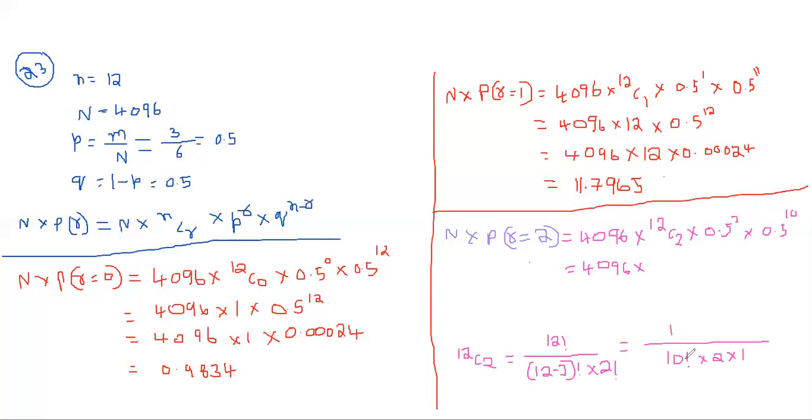So the highest value in the denominator is 10 factorial, so I expand 12 factorial up to 10 factorial: 12 into 11 into 10 factorial. 10 factorial cancels, 2 into 6 cancels, and 6 into 11 you get 66. So now you can directly write the answer. No need to expand one more step, but if you want, you can write it.